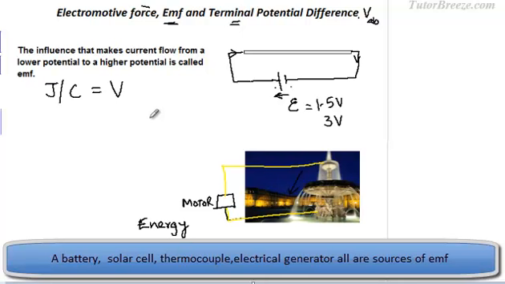It could be a thermocouple, where the difference in temperature is being used to provide energy to the charges. It can be an electrical generator, where mechanical energy is being used to provide energy to the charges. So in each of these cases, the EMF is a source that provides energy to the charges.